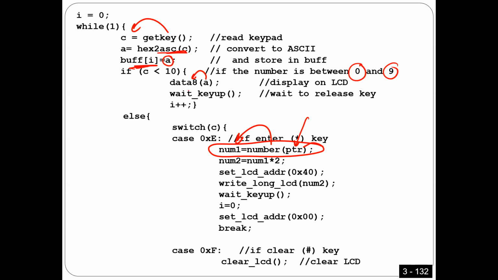Every time, this is a while loop, right? So in every iteration, I'm going to get only one digit. So you give me one digit, I'm going to put it here, convert it to ASCII code, and store it here in ASCII code. And then if it is a number less than 10, I'm going to display it on the LCD.